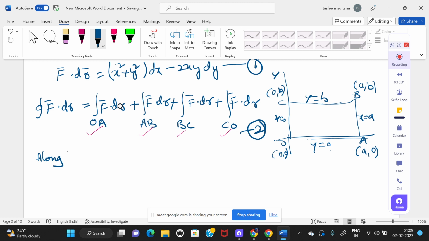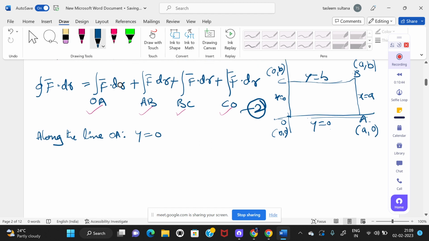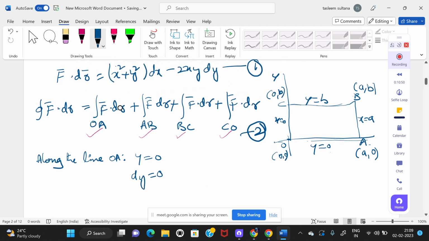Along the line OA, your y value is equal to 0. When y is equal to 0, when you differentiate, your dy also will become 0. What is our equation?